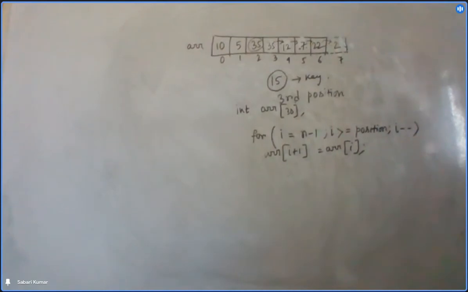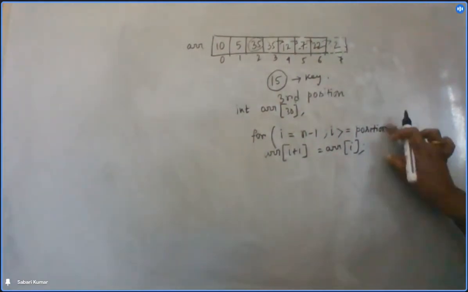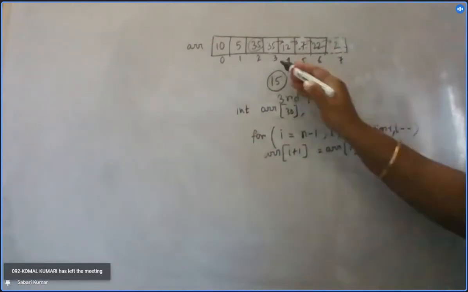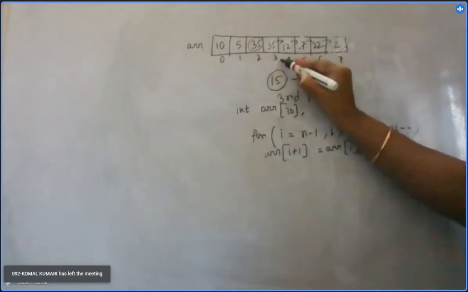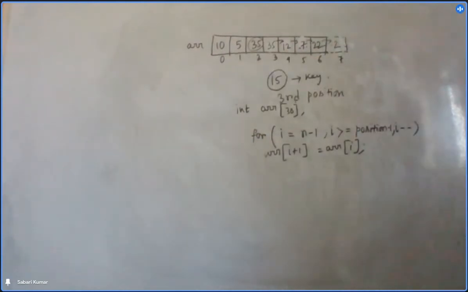Third position means index is 2, so I have written position minus 1, because position is third but you have to go up to index 2. So up to position minus 1 you have to do this operation, so that the shifting is done.